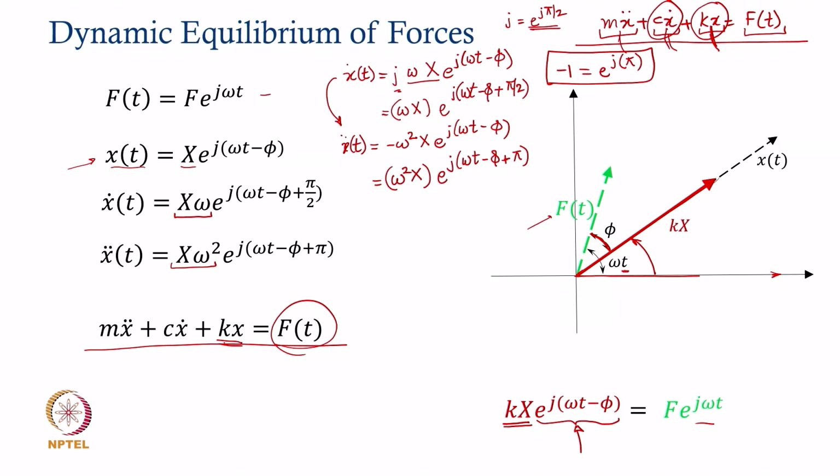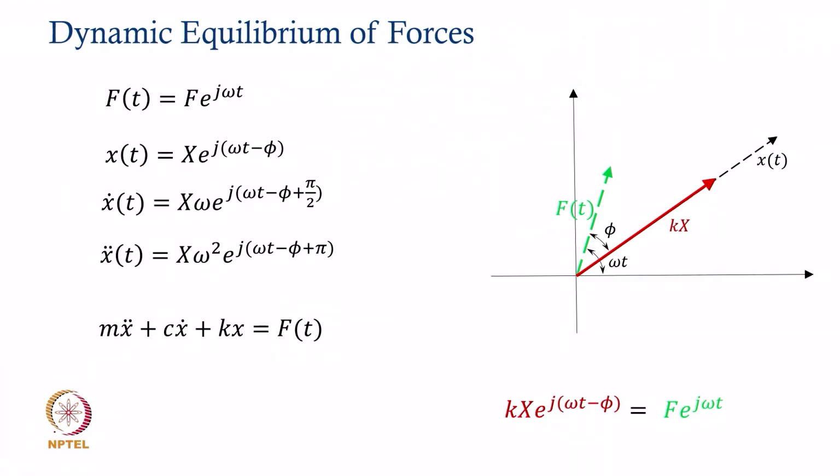What about the damping force? The second one is this damping force, which is going to be C X omega e to the power j (omega t minus phi plus pi by 2). Plus pi by 2 is an additional phase we have to add to the phase of the response, which means the vector will get oriented 90 degrees ahead of the response x, and therefore the dissipating force will get aligned like this.